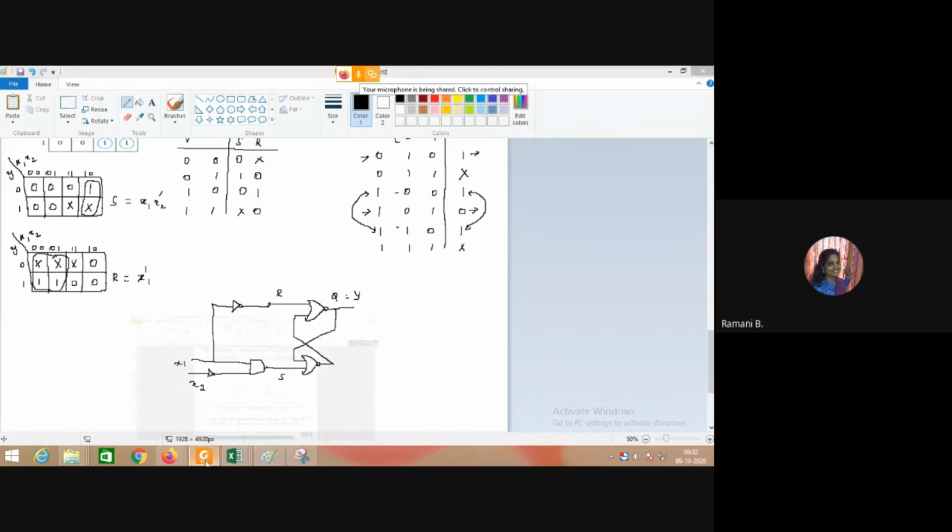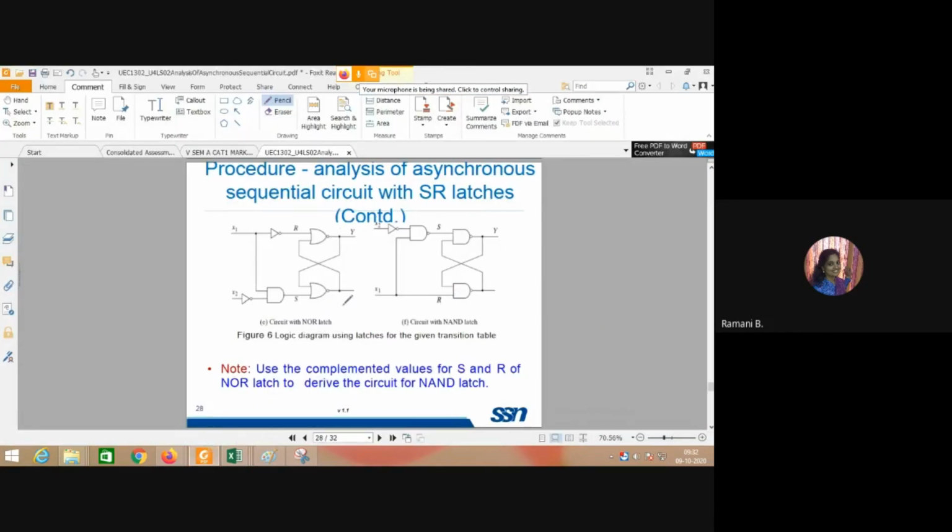In the same way, using a NAND gate, the inputs are S bar, R bar, and the top one is S and the bottom one is R. Complementing, in the NOR latch we had S equal to X1, X2 bar and R equal to X1 bar. With the NAND latch it is S bar, R bar.